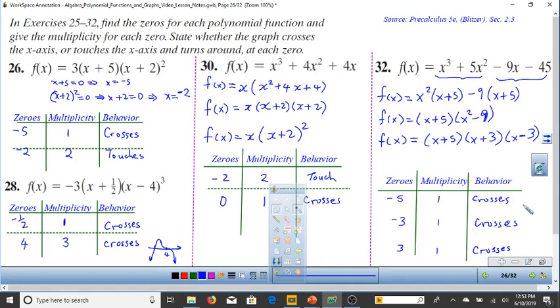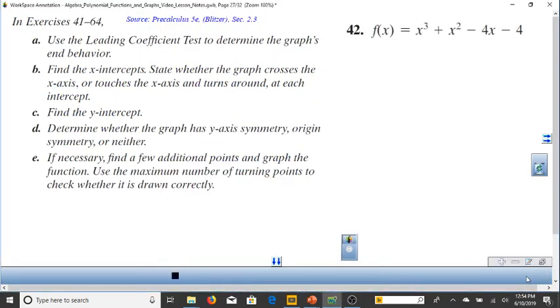Now, let's go on to a few more challenging questions. These next examples involve quite a bit of thinking here. It says determine the end behavior, find the x-intercepts, find the y-intercepts, determine if the graph has y-axis or x-axis symmetry or origin symmetry, and then plot a few more points.